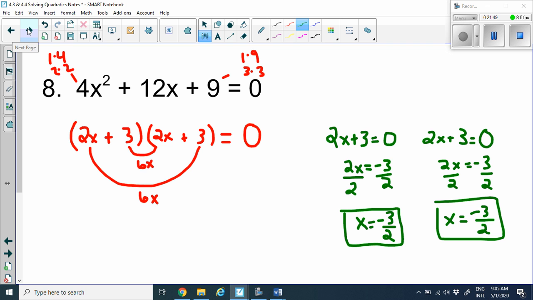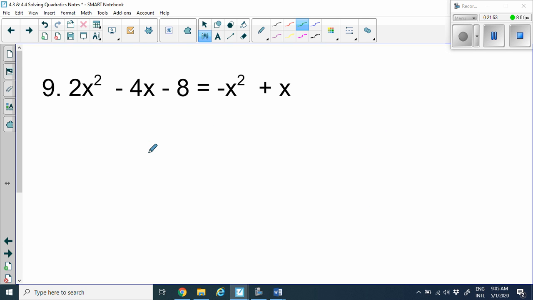Okay, let's go ahead and do our next example. So notice here that our equation is not set equal to 0, so we need to do that first.